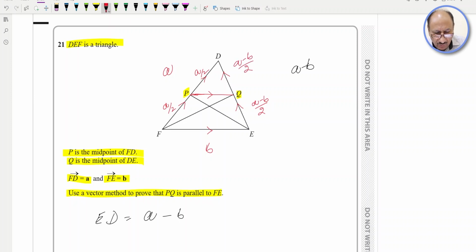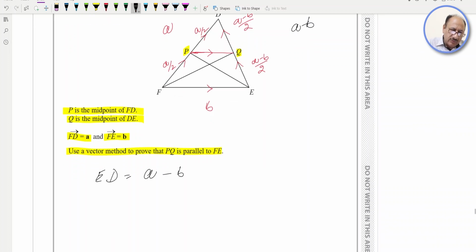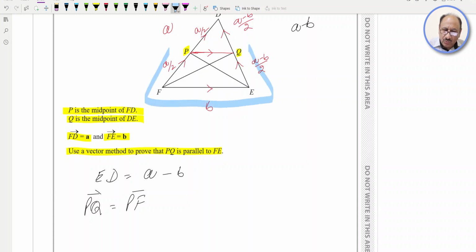So we have written all the sides basically in terms of vectors. Now we can write PQ. PQ will be equal to what? If we check, PQ vector will be equal to, we can start from P and we'll have to reach Q, so we can write PF. We can take this route PF. Which route will we be taking? Basically we will be taking this route. Hopefully you understand this.